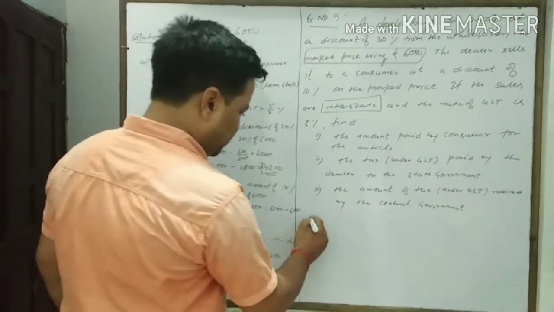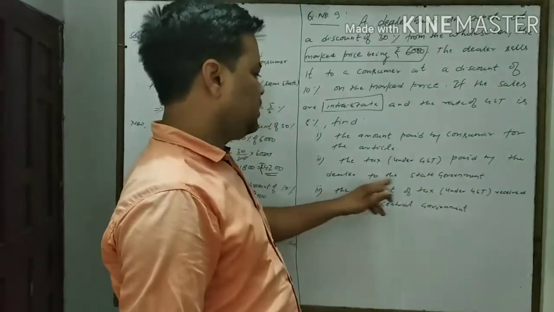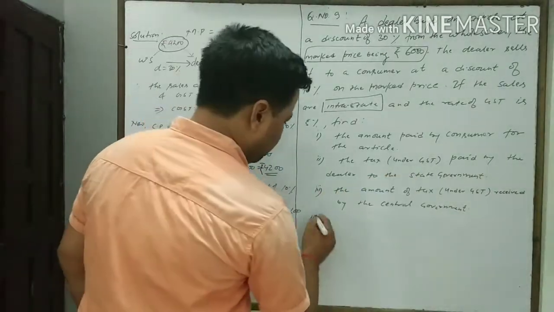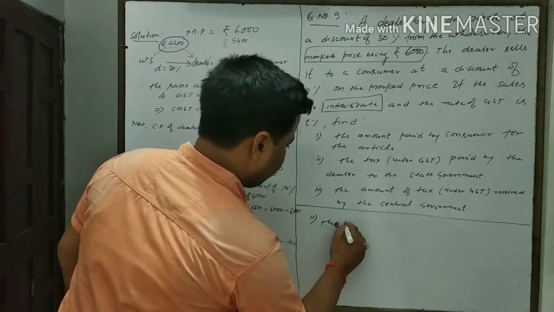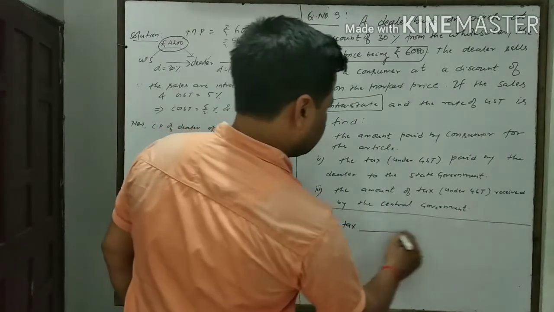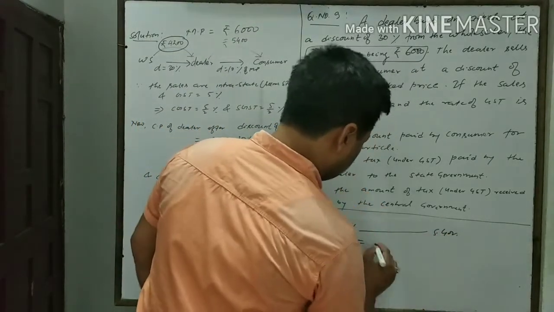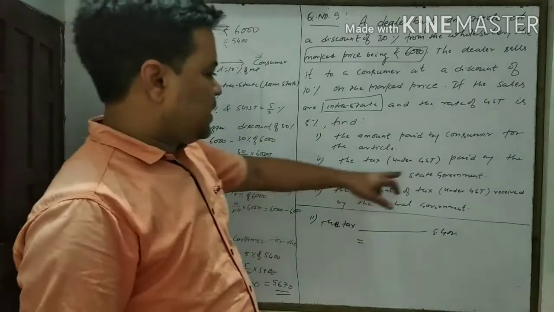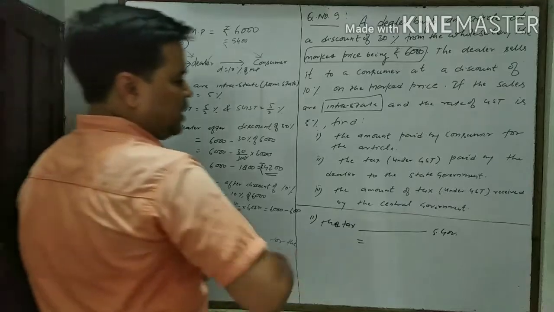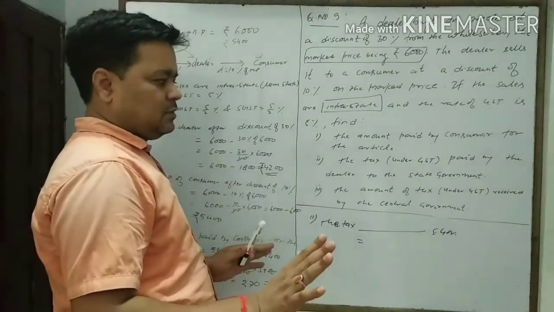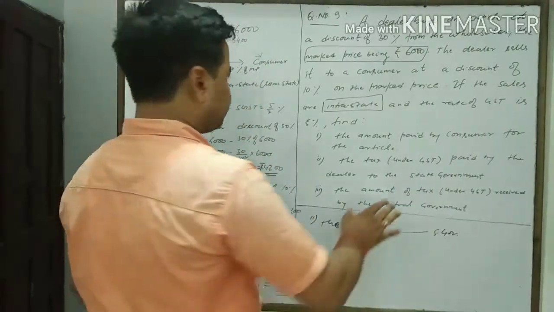Now the second part of the question, which is the tax under GST paid by the dealer to the state government. Here, in the case of intra-state, state GST will be 5 by 2%.